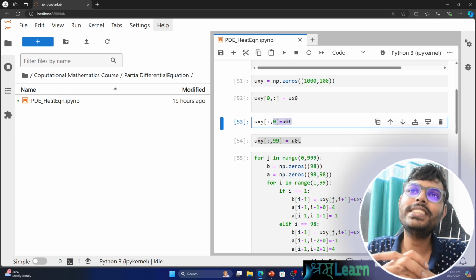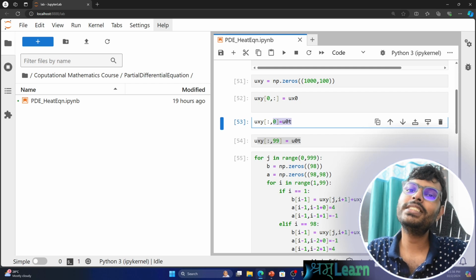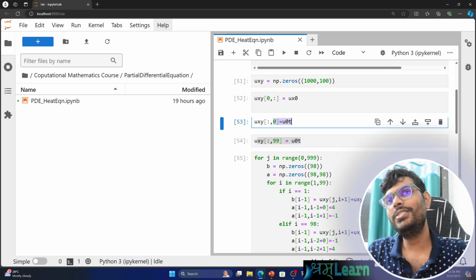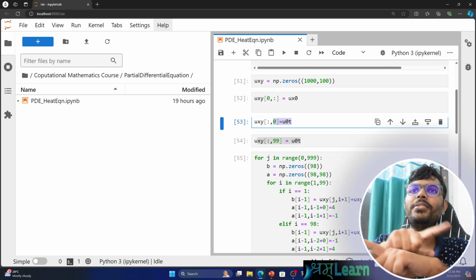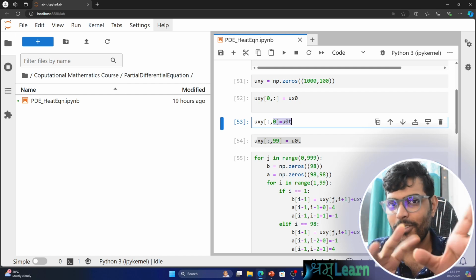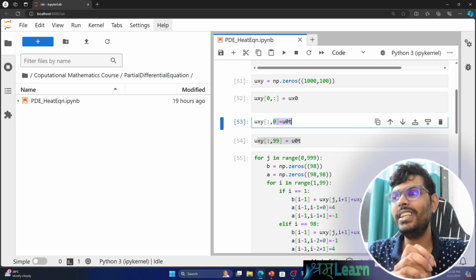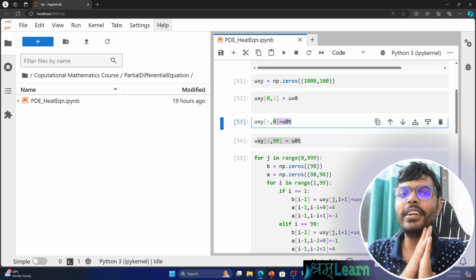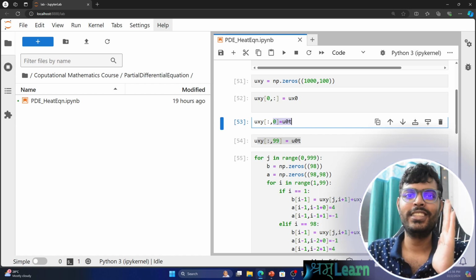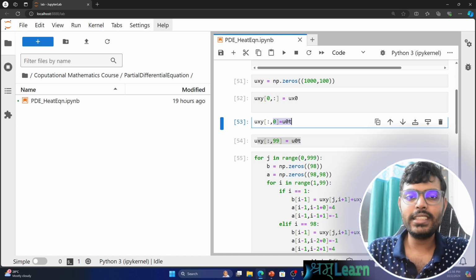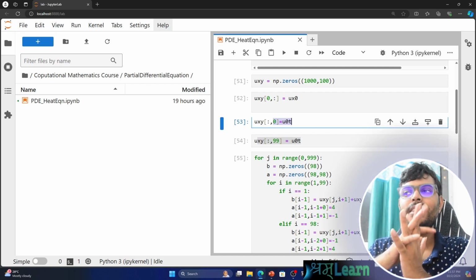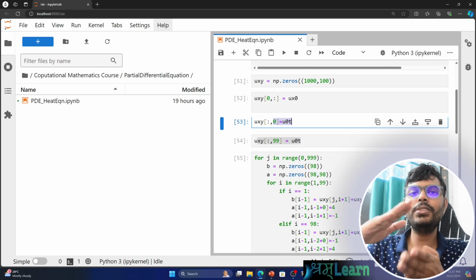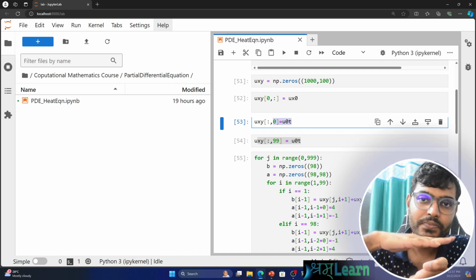Okay, so first in our function notation, time used to come second and position used to come first, but in array notation they are changed because of the column and row arrangement, right? All our positions are distributed along the columns, and all our time is distributed along the rows.